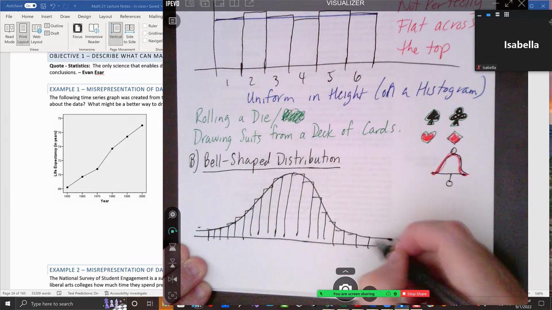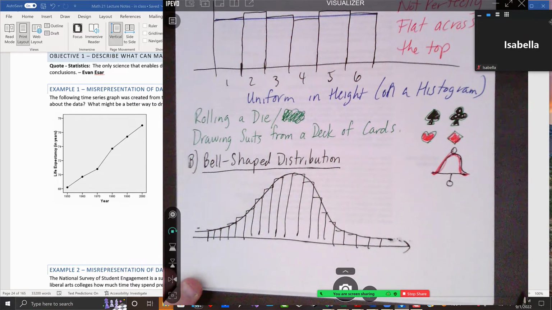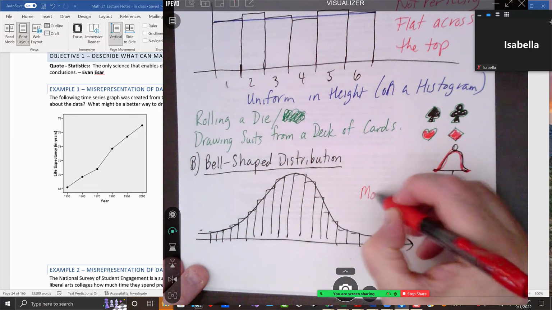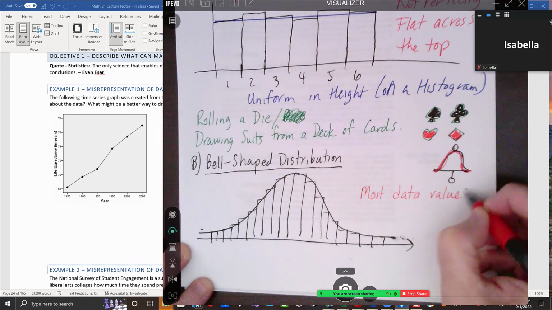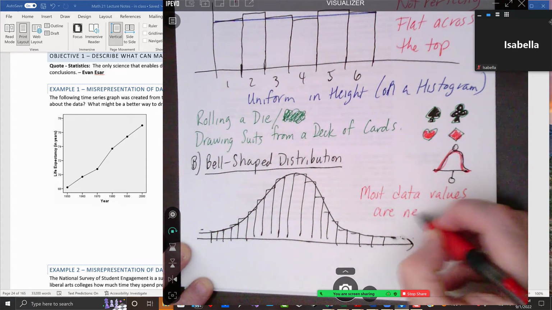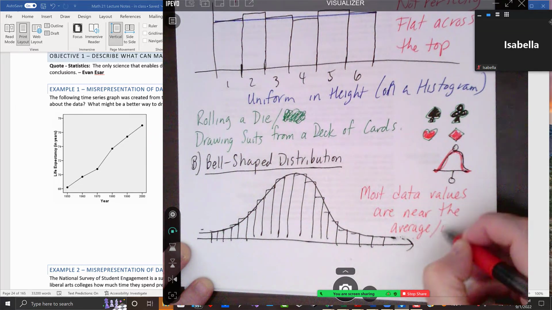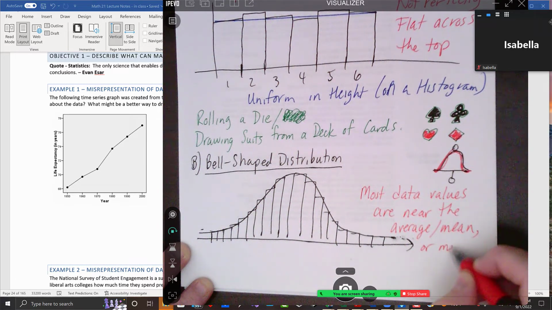You're not going to generally see the curve itself, but you will see tall boxes in the middle, short boxes on the end, and it decreases in that shape. This occurs when most data values are near the average, or mean, or median.